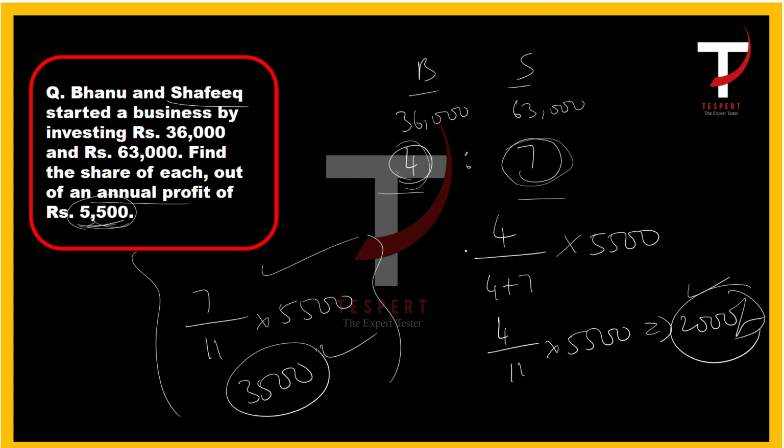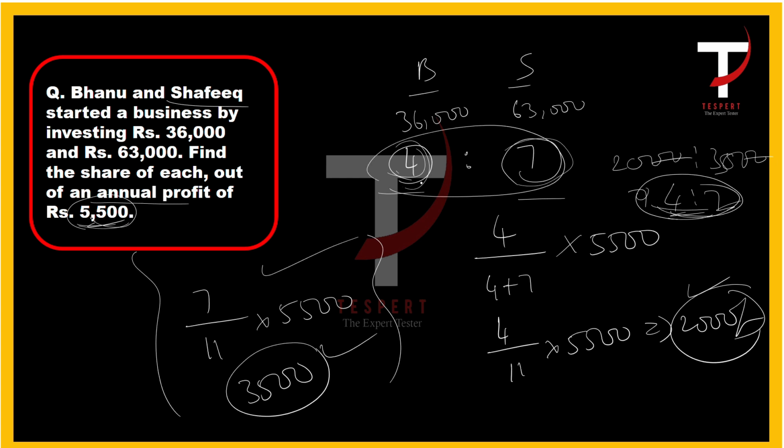You can also check: 2000 is to 3500, this ratio will be equal to 4:7, because the profit is divided as per the ratio of the investments.